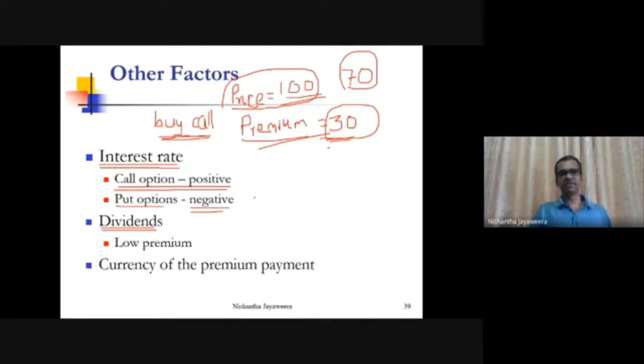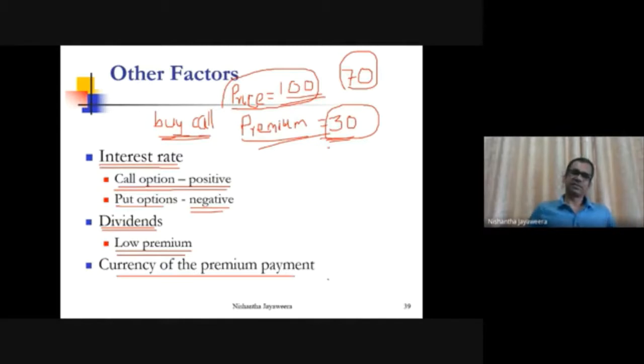It will go to the option seller, because he is the one, assuming, who is holding the share. So therefore the premium is low. That's how it works.